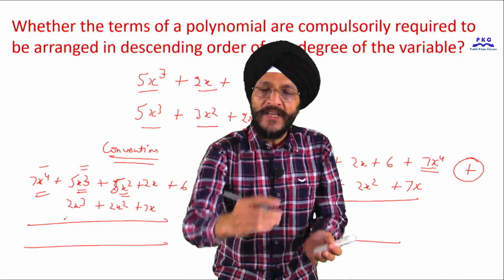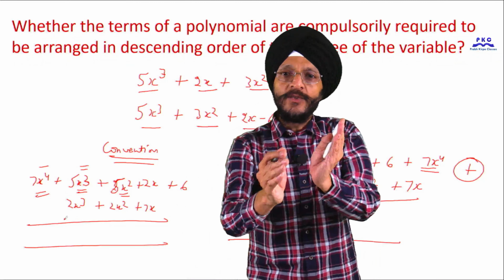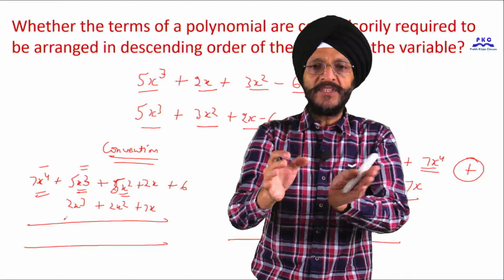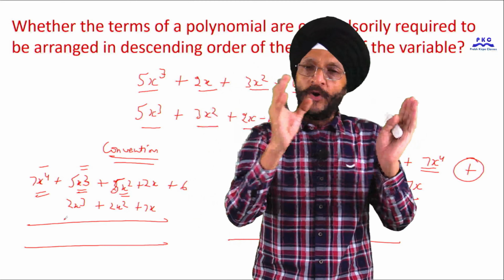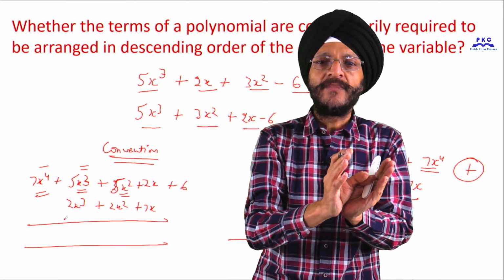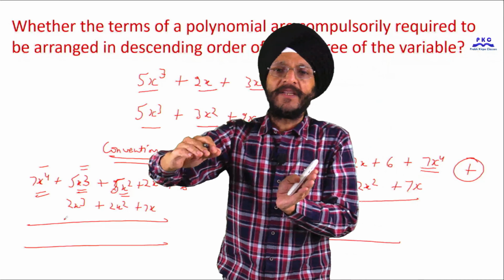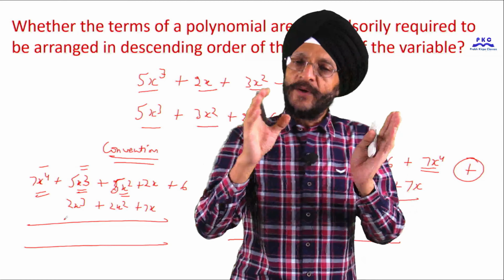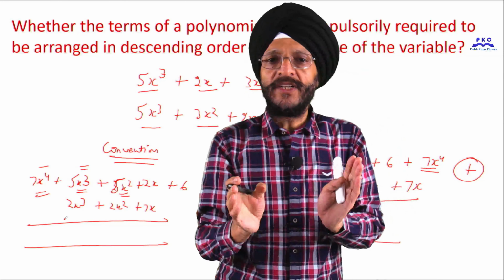In the same way we will arrange the next polynomial so that we can do addition or subtraction. So it becomes easy. Though it is not compulsory that the terms be arranged in the descending order, it is by convention and usually done so.